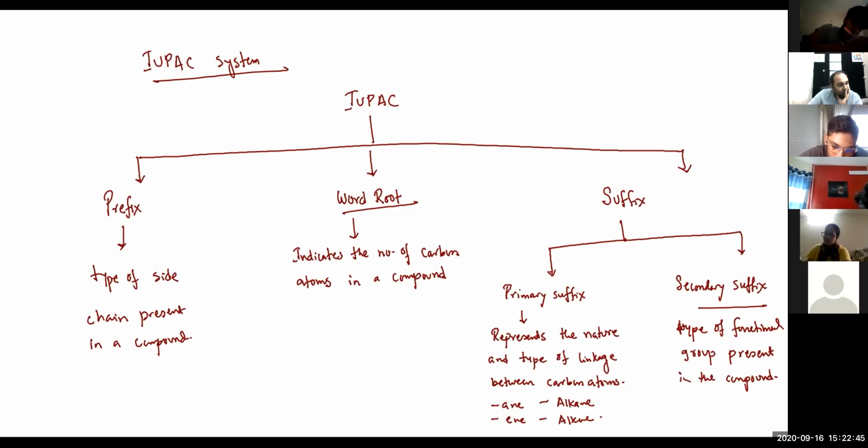Sir, could you repeat the examples of word root? Number of carbons: 1 is meth, 2 is eth, 3 is prop, 4 is but.